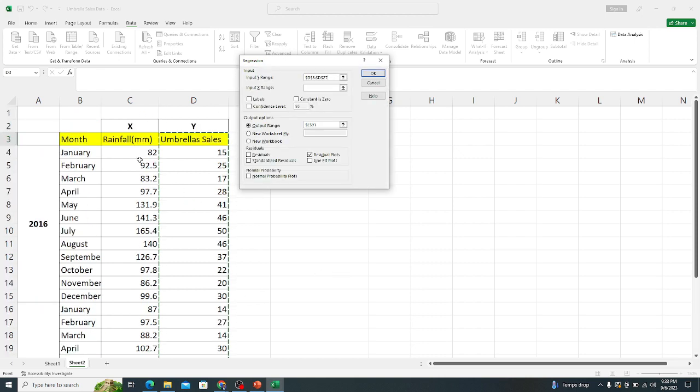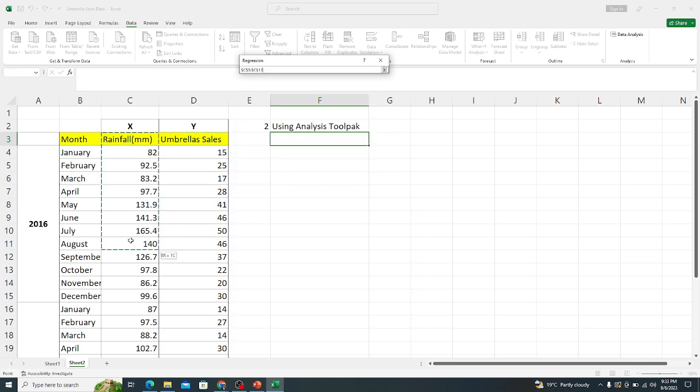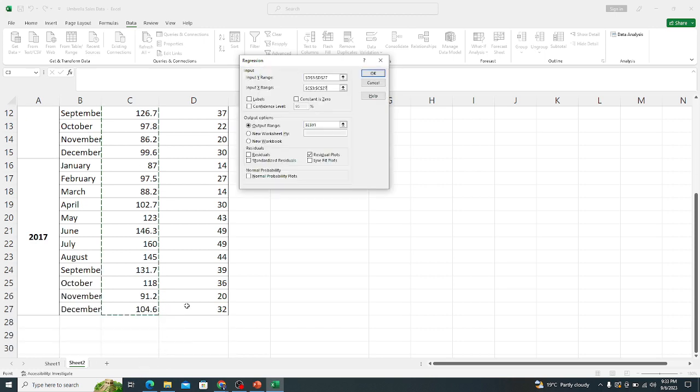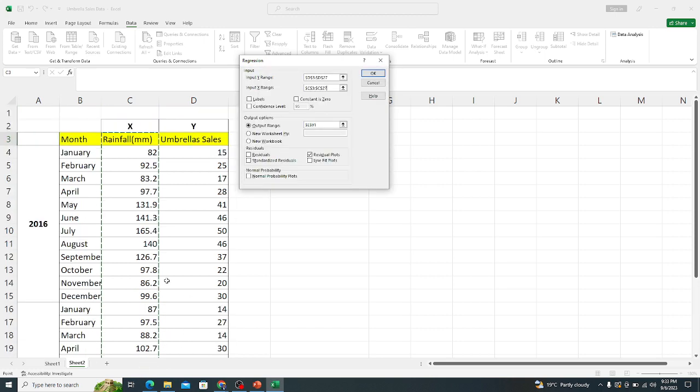Then after selecting the umbrella cells, come to the X input, highlight and select the rainfall amount data. Then of course check Labels, because we've even selected the title, that is the row.